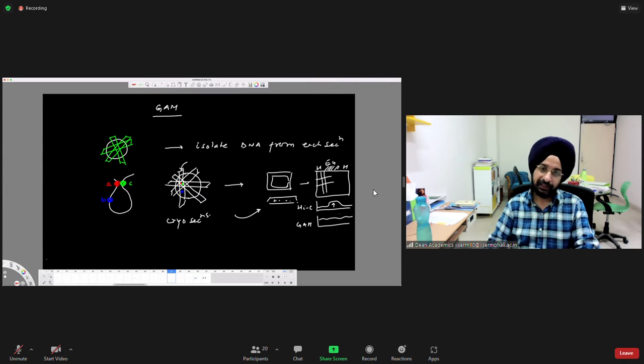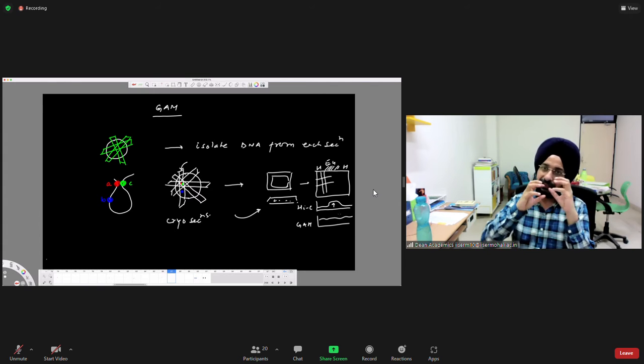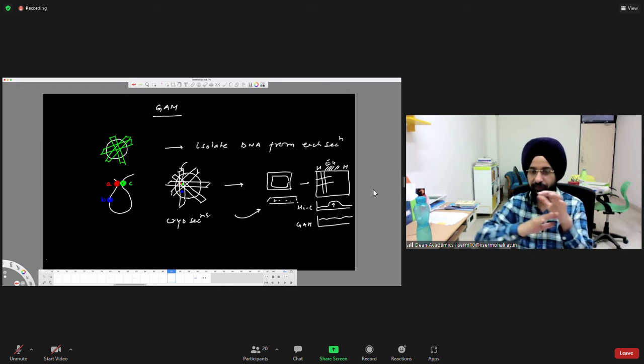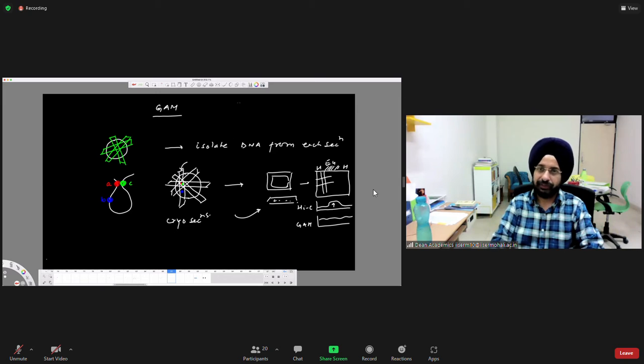And additionally, what people observe is that GAM is also resolving the 3D structure of heterochromatin, which means that there is a pattern now. If you look at Hi-C data, heterochromatin is just one smear. Let me try to plot some example. This is a heterochromatin tag, this is your euchromatin tag.